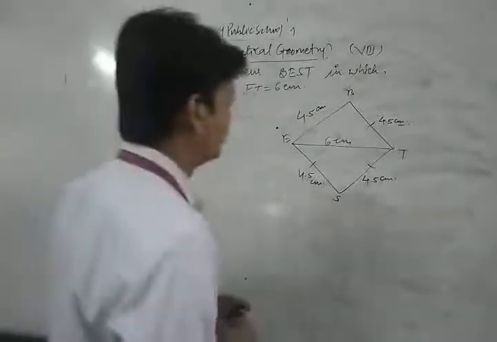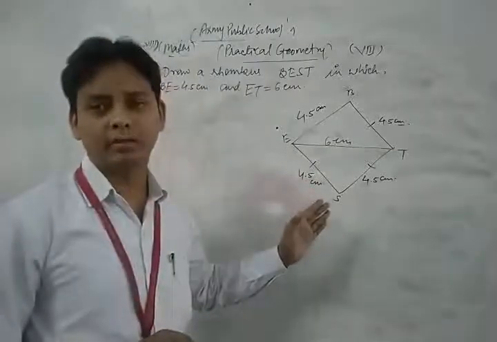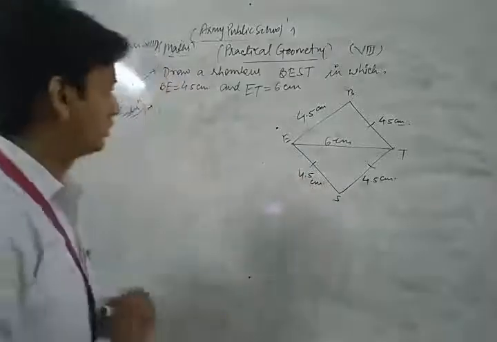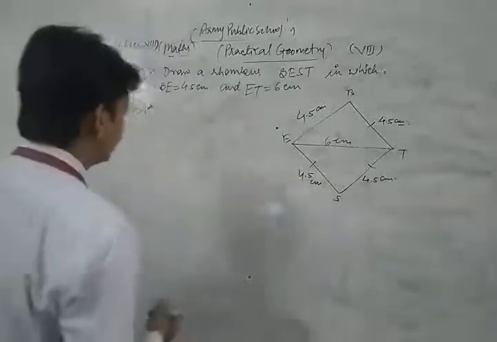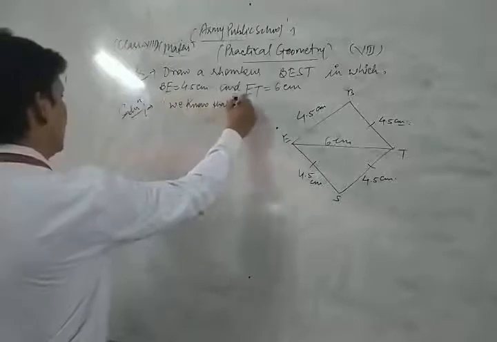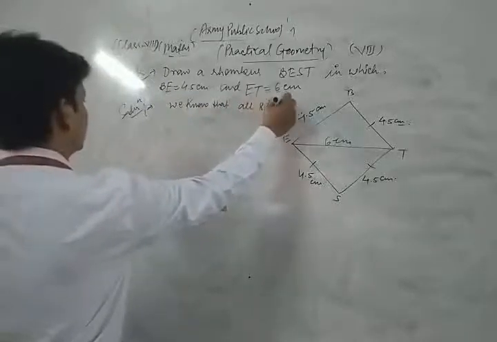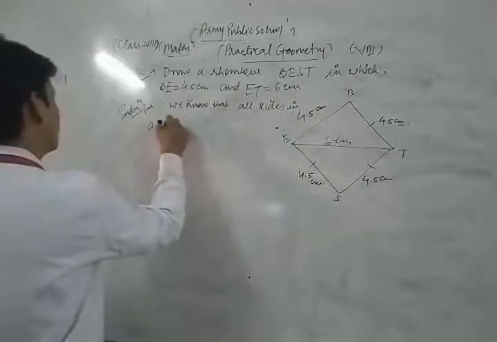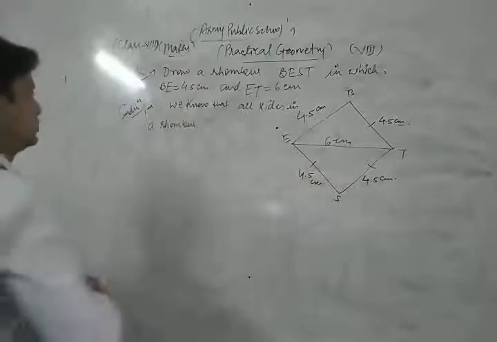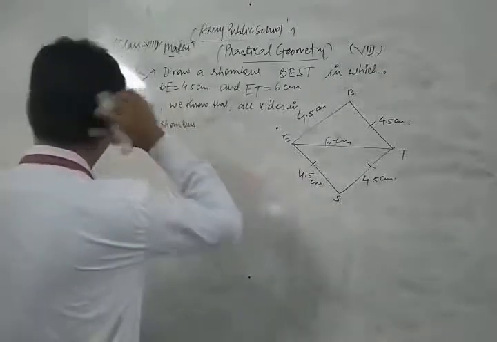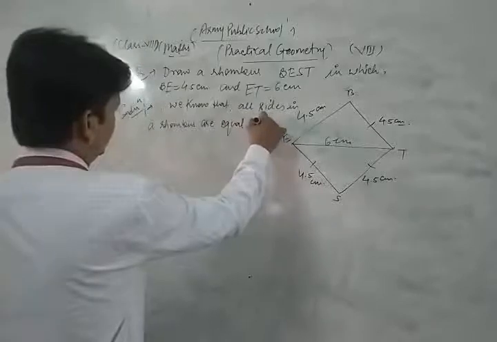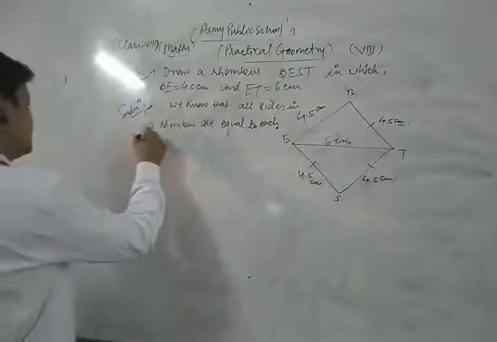Okay, dear students, now this is the rough diagram of rhombus BEST. Now let's see, we draw it in a very systematic manner. First of all, you know that all sides in a rhombus are equal to each other.